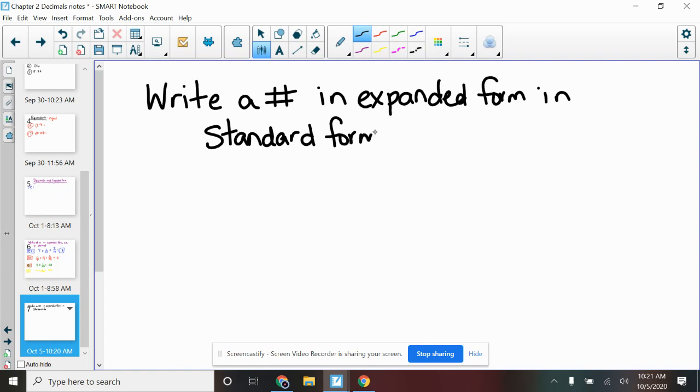So what this means is, for this example, they're going to give you a number in expanded form, and they want you to put it in standard form.